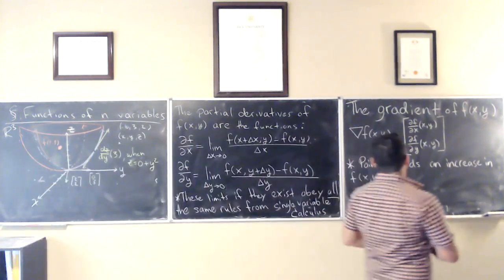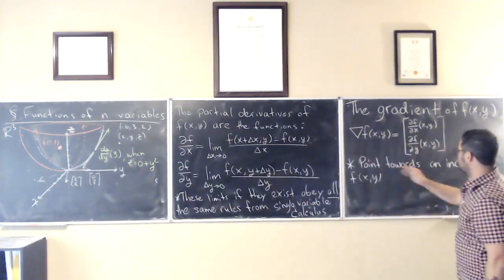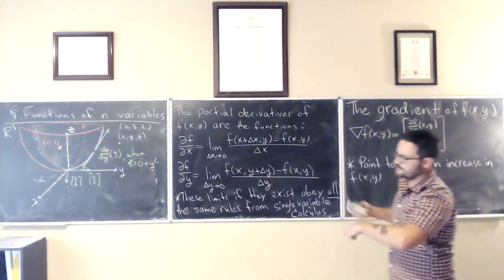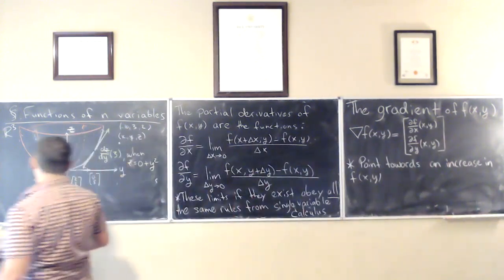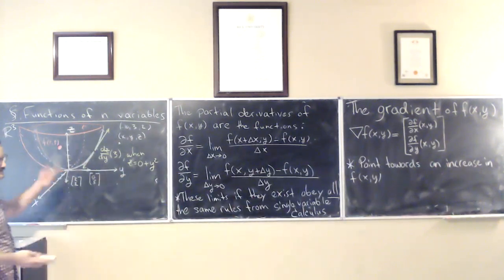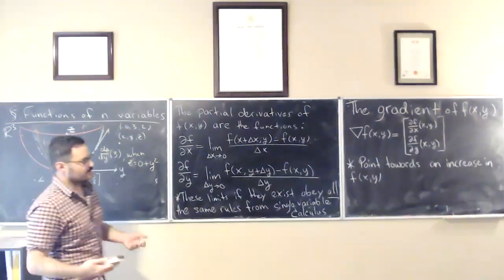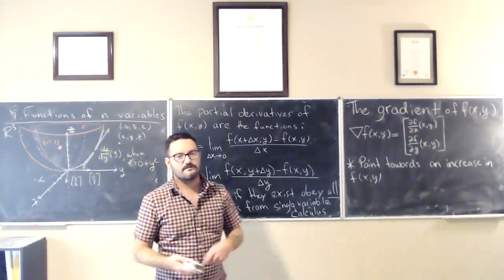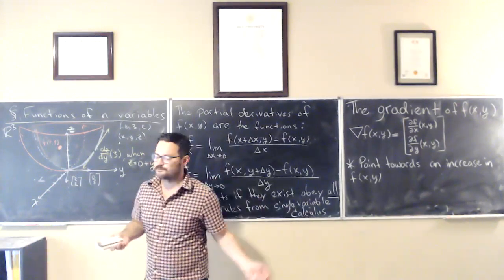Now, I have focused on a function of two variables because we can picture it. I made it a rather simple function so we could look at the parabolas. But in general, you can have more than two variables. You can have n variables, and the same rules will apply.